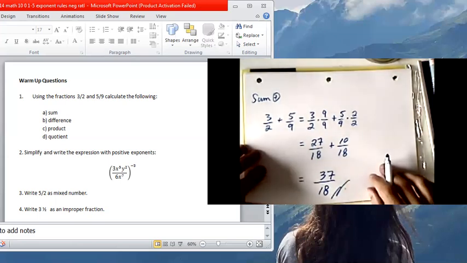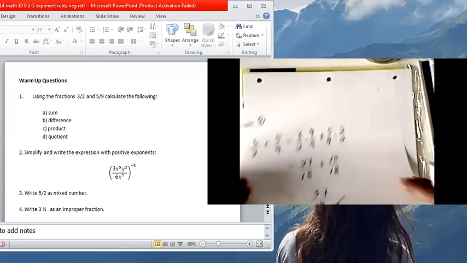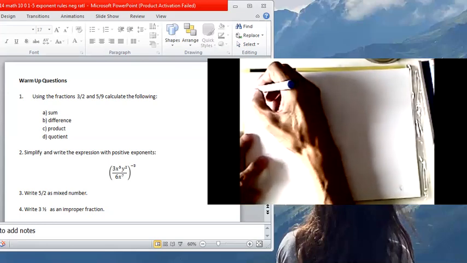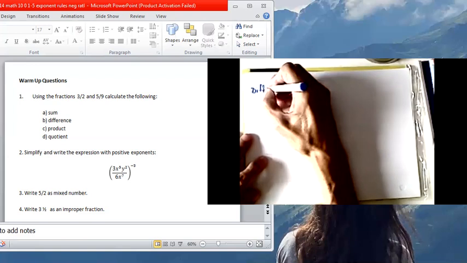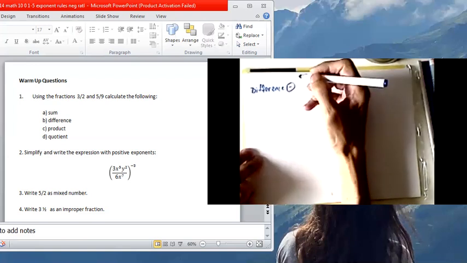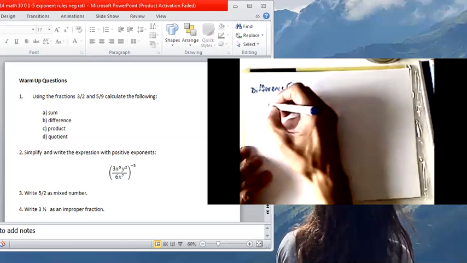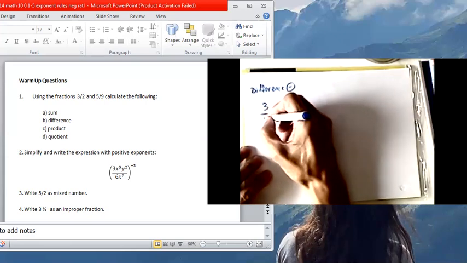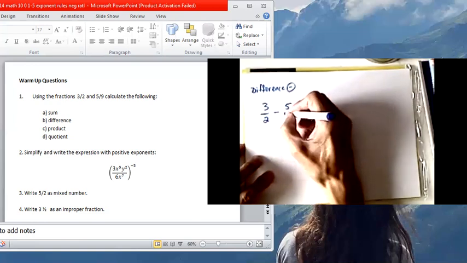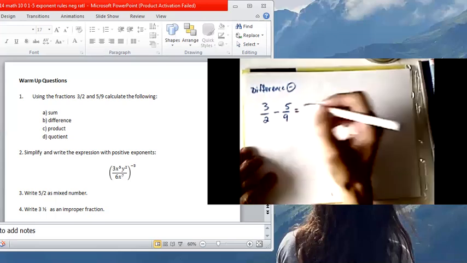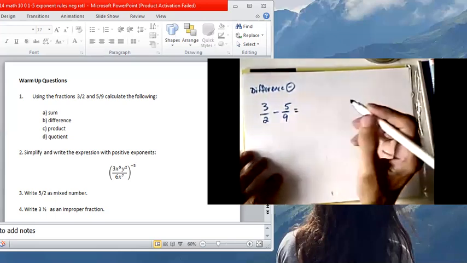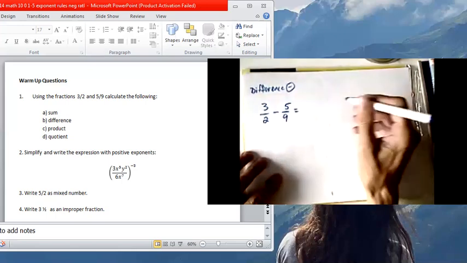Let's take a look at the difference now. With the difference, you also need a common denominator. So we have to do the same strategy, technique as with adding, as with the sum.